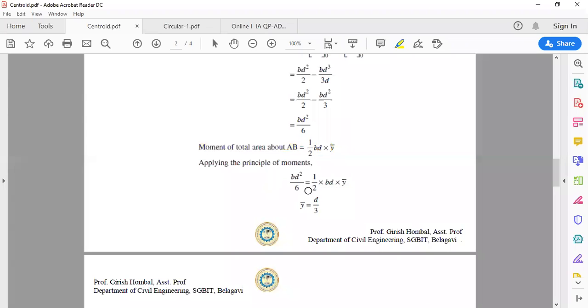So 2 ones are 2, 2 threes are 6. b b gets cancelled, d square in the numerator and d in the denominator get cancelled, left with d by 3. So this is the centroid of the triangle by the method of integration.